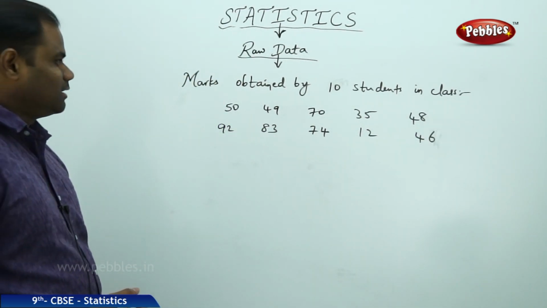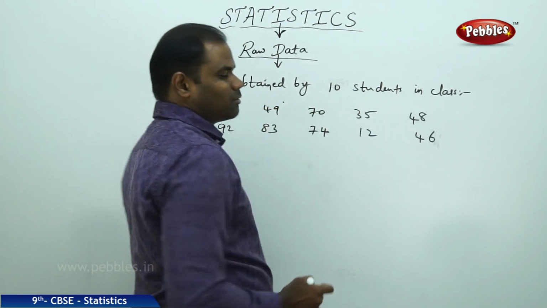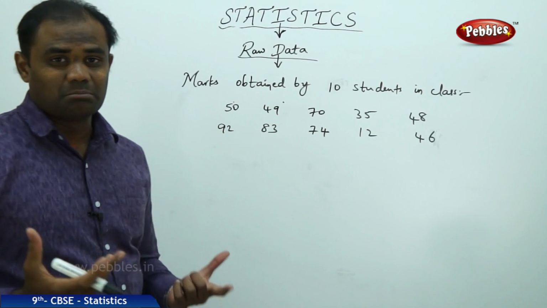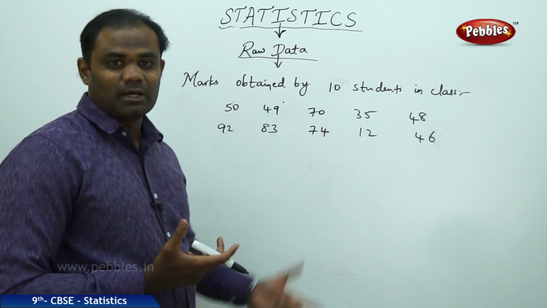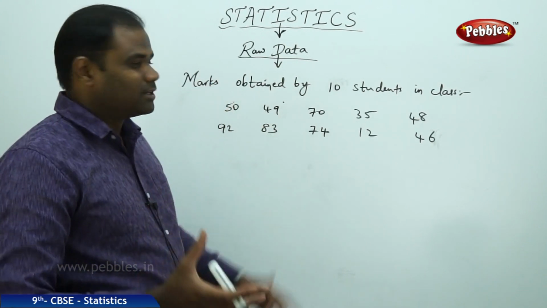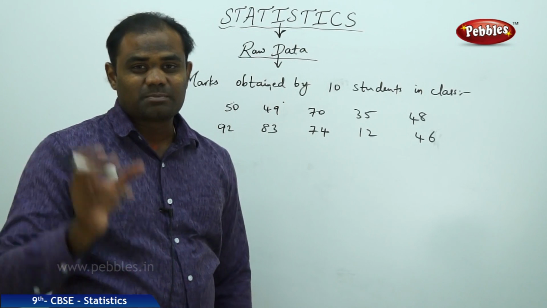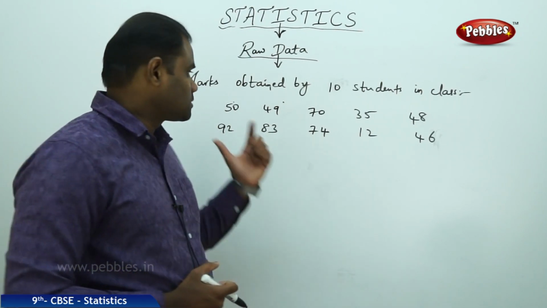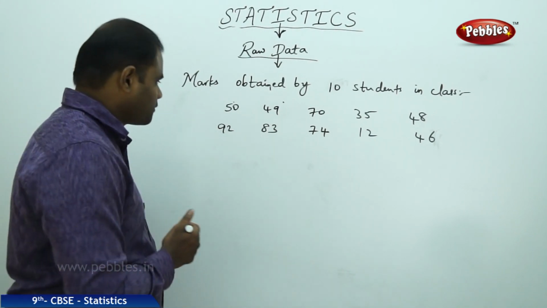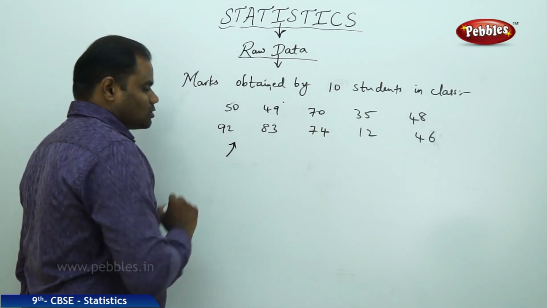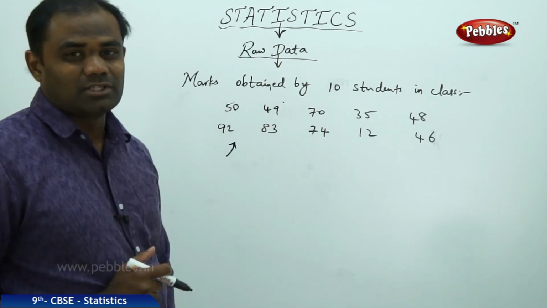So here I have the marks of 10 different students, but it doesn't give me complete information that that particular student got these marks. It just gives me rough data about marks obtained by 10 students in the class, but not specifically listed out with the names and the students' marks differentiated. So such a kind of data which does not have a specific representation is called raw data.